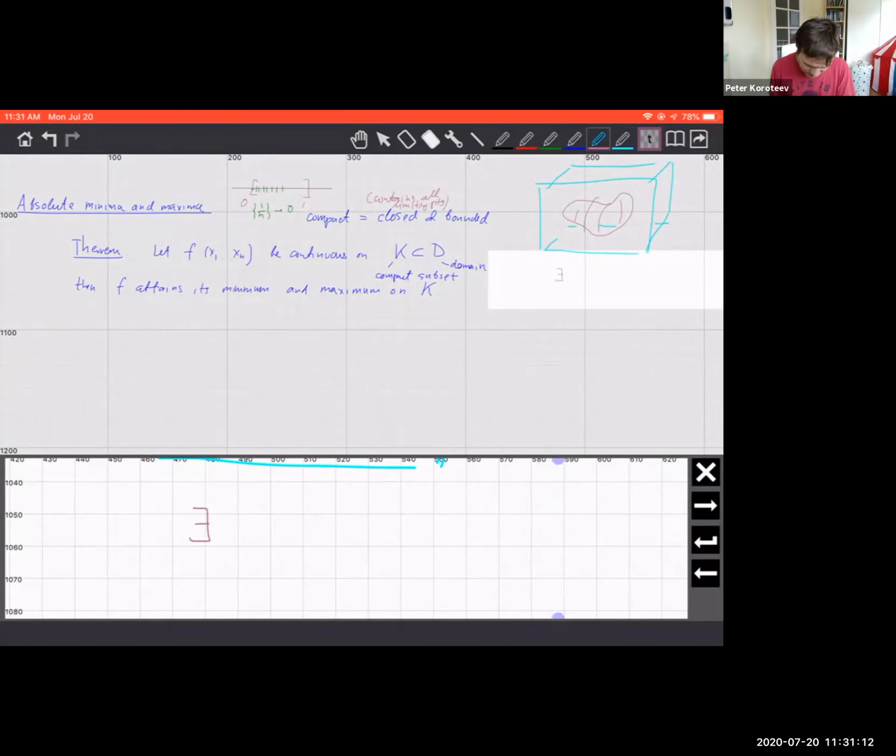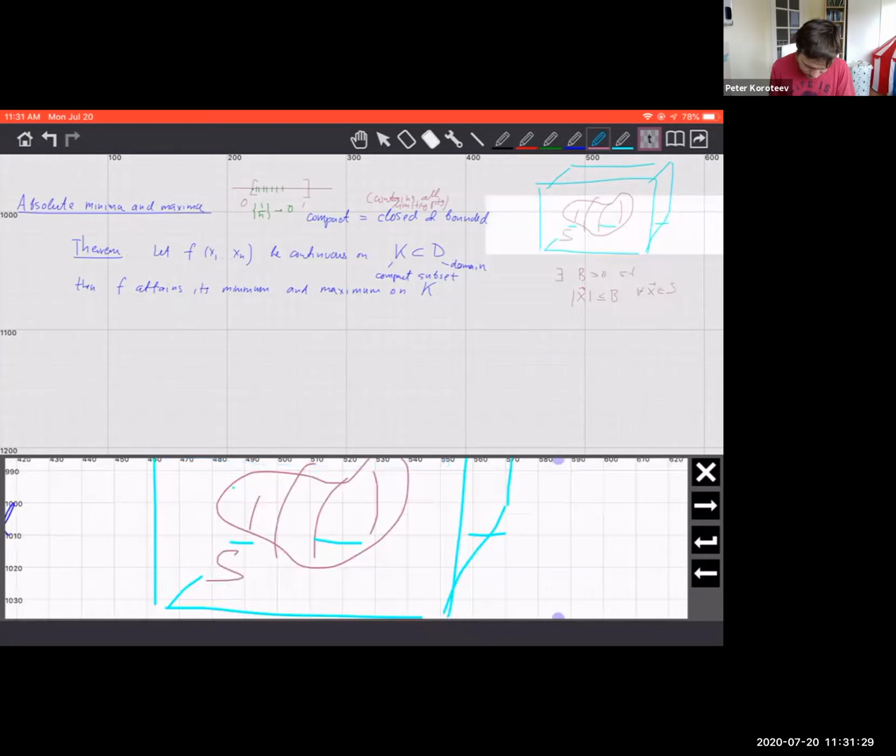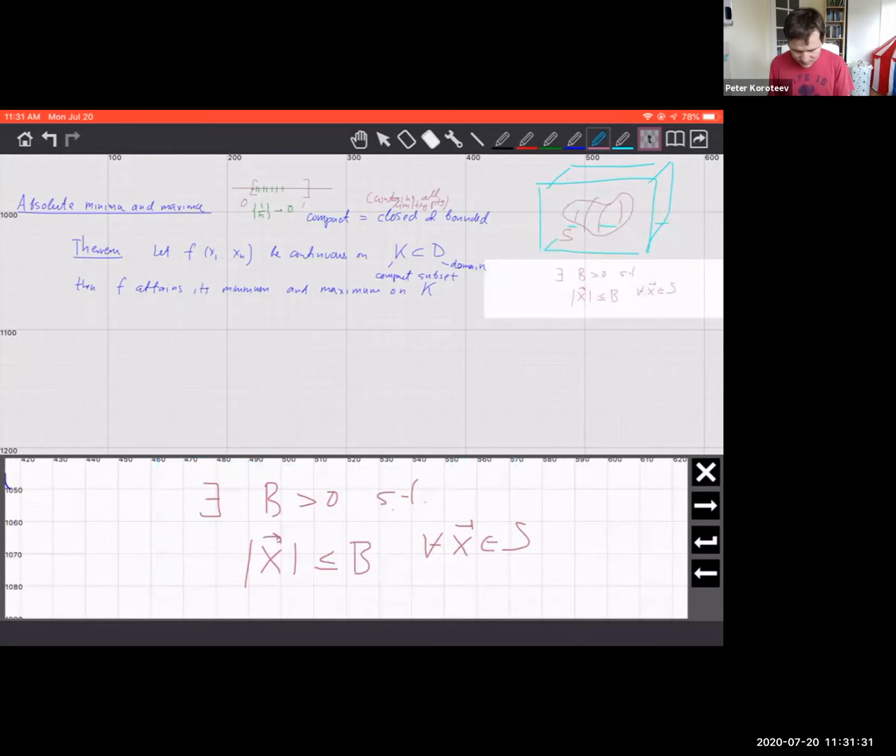There exists some number b bigger than 0, such that the absolute value of this vector x is less or equal than b for every x inside the set S. And absolute value means that you have this inequality in all directions, in x, y, z, and as many directions as you have.